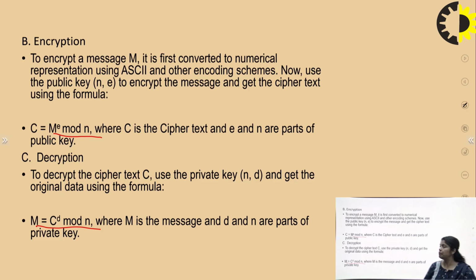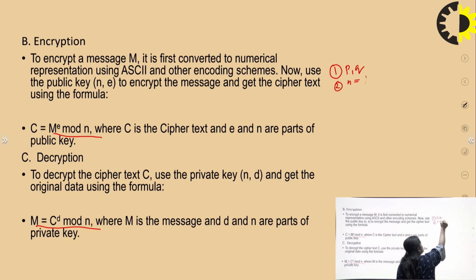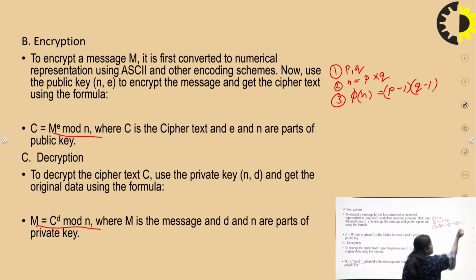So, always remember in the RSA, there are key points: first there is P and Q, the second is N, that is P into Q, and the third step is phi of N, that is (P minus 1) into (Q minus 1). This is the shortcut method of the RSA.